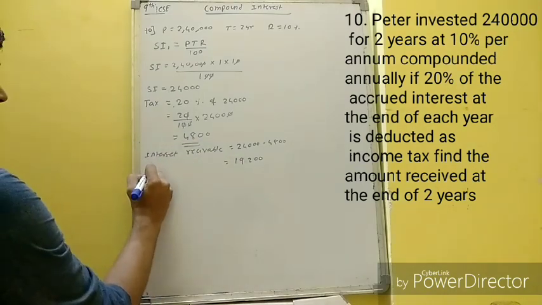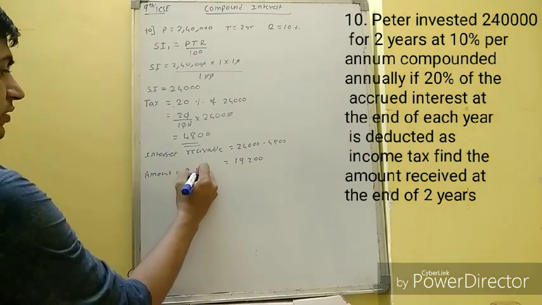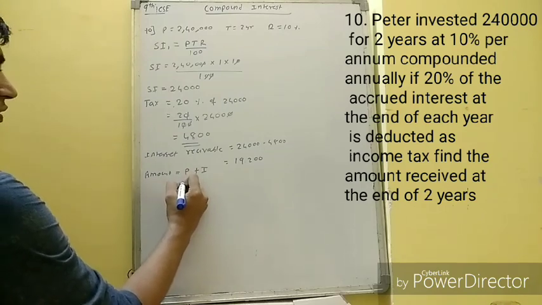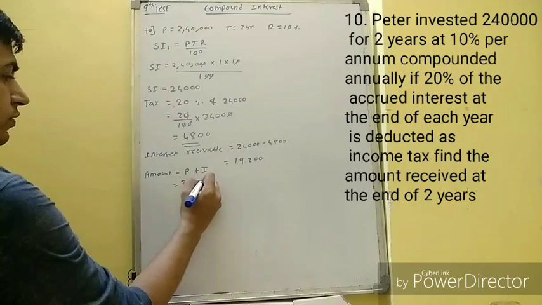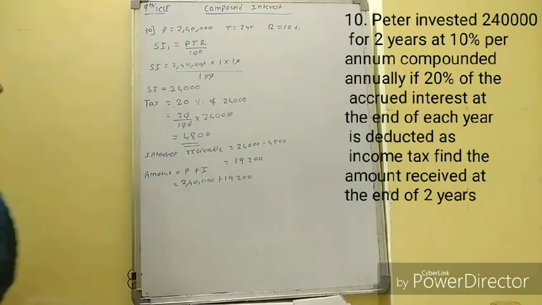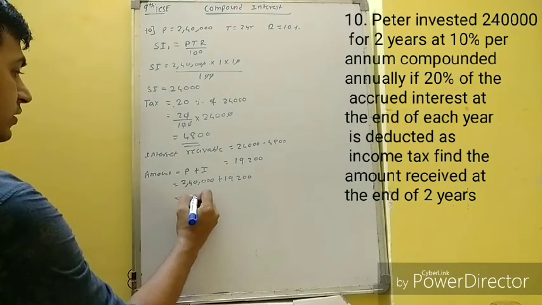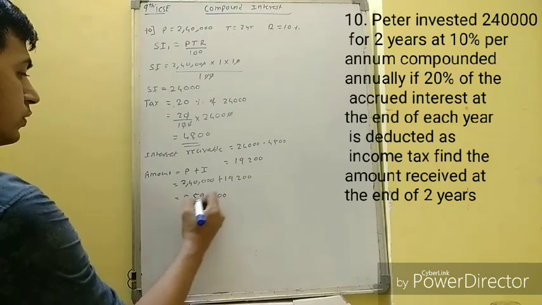Therefore, amount will be principal plus interest after tax. So the principal is 2,40,000 plus 19,200 is the interest. So it is 2,59,200.